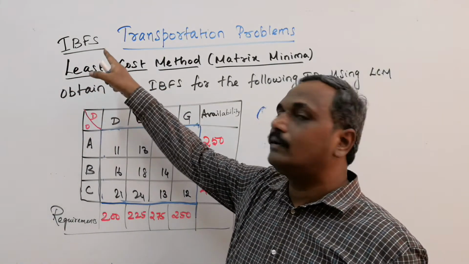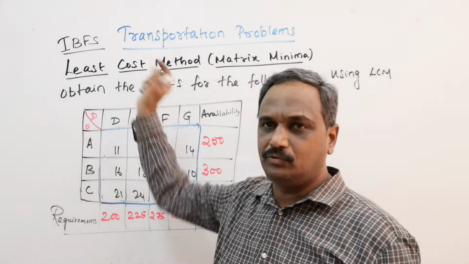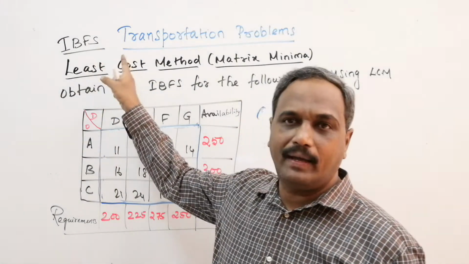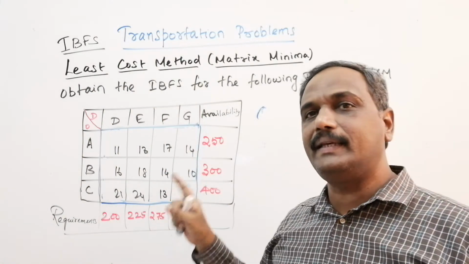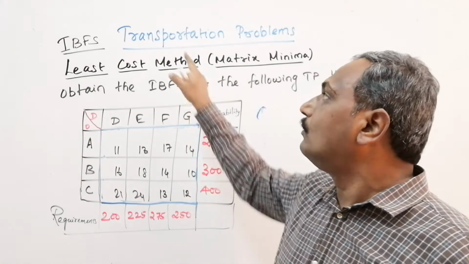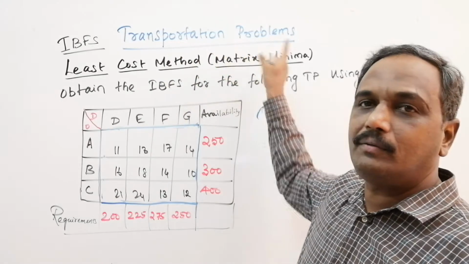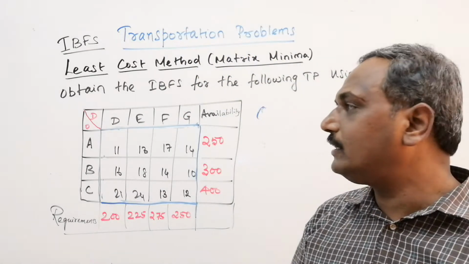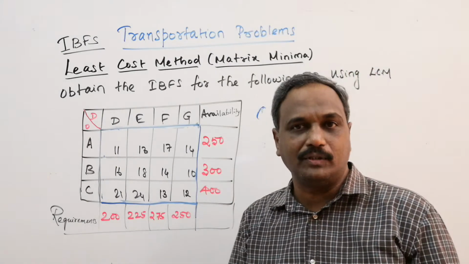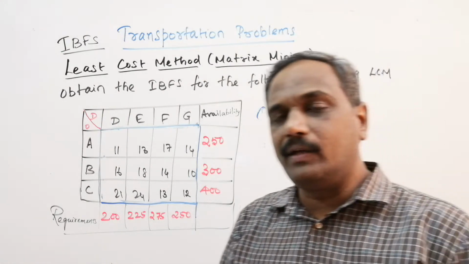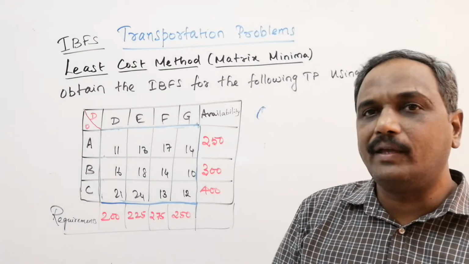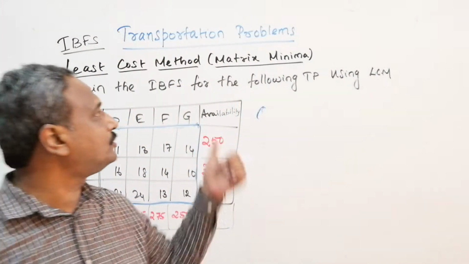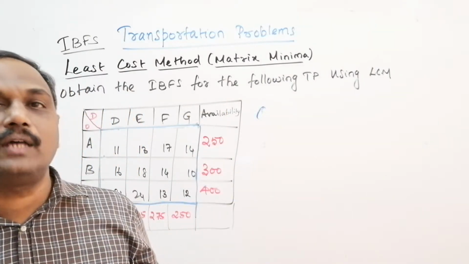In this video, we are going to discuss finding the IBFS, initial basic feasible solution, for the given transportation problem. We have different methods: the northwest corner rule, row minimum, column minimum, matrix minimum or the least cost method, and Vogel's approximation.